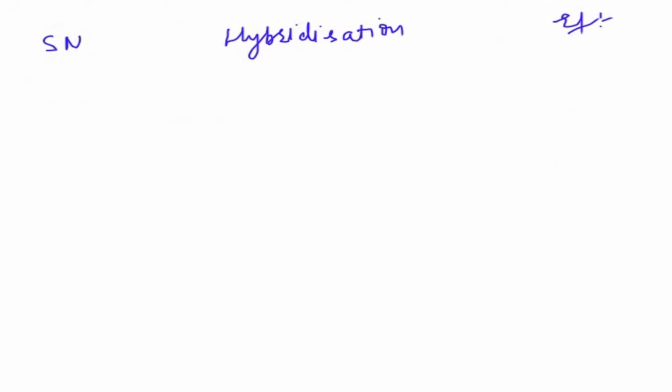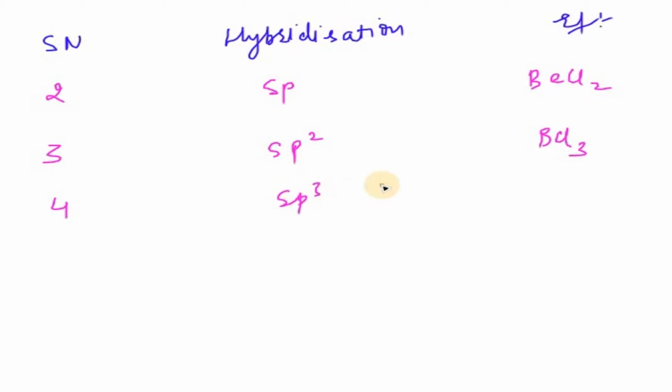If the steric number is 2, the hybridization is sp, for example BeCl2. If the steric number is 3, it is sp2, for example BCl3. If the steric number is 4, it is sp3, and an example is CCl4. If the steric number is 5, it is sp3d, and an example is PCl5.